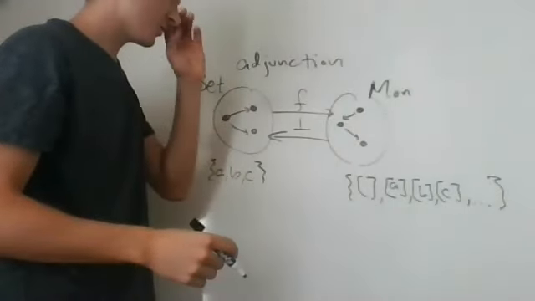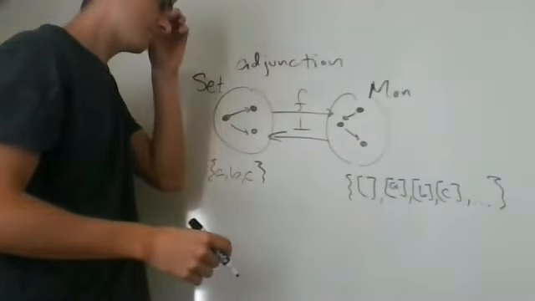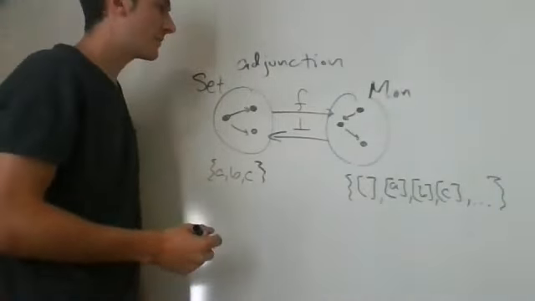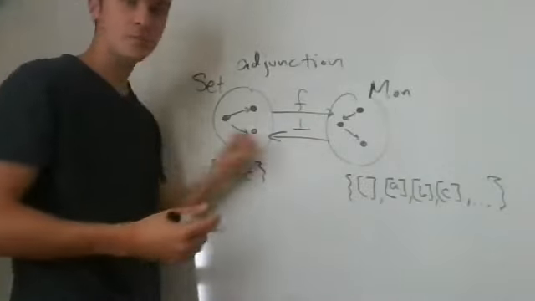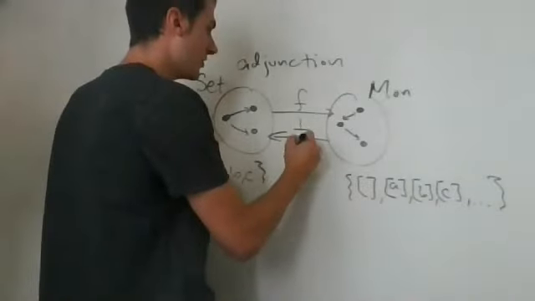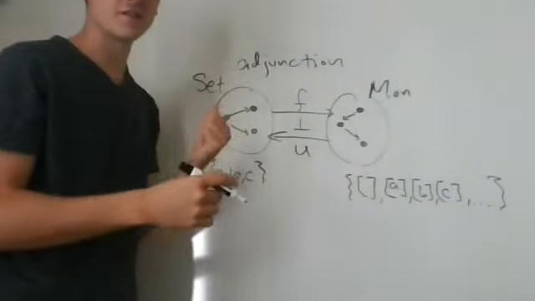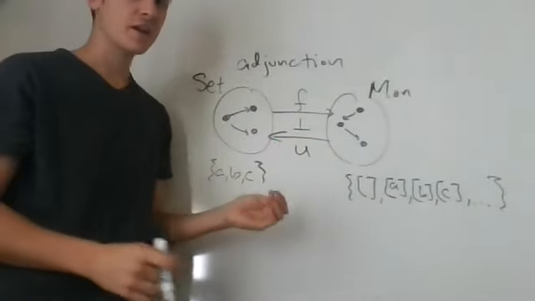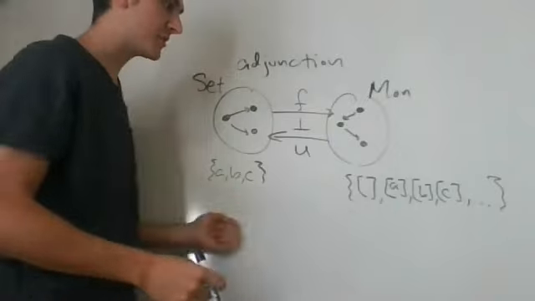So this is the idea of taking a free monoid. And then to go back, all you do is take the underlying set. You just forget that it's a monoid and turn it back into a set.